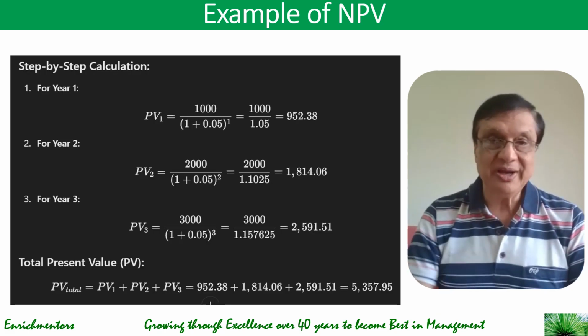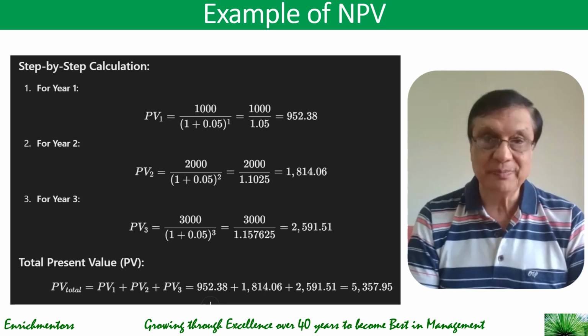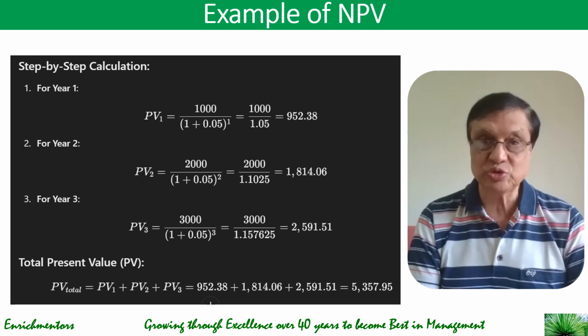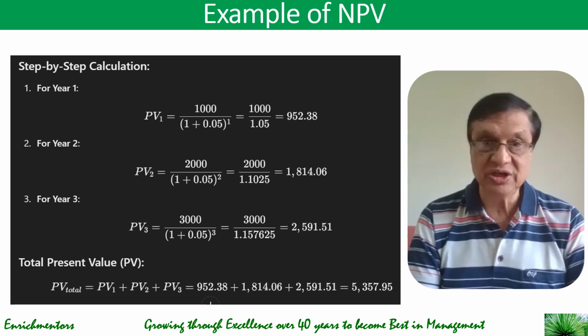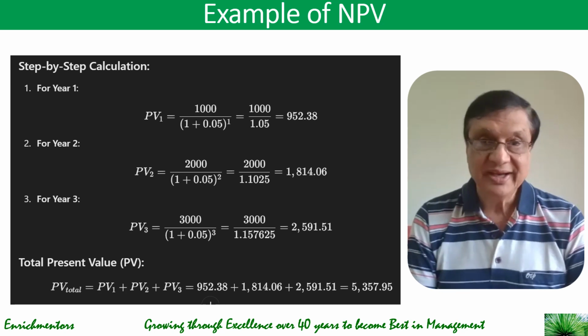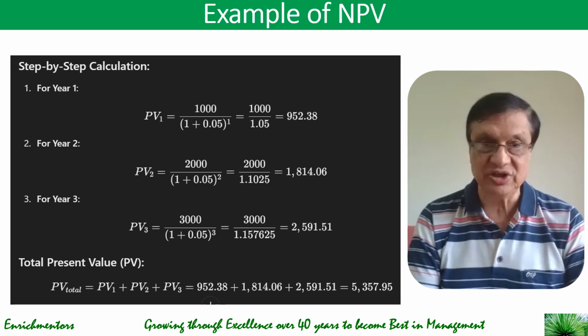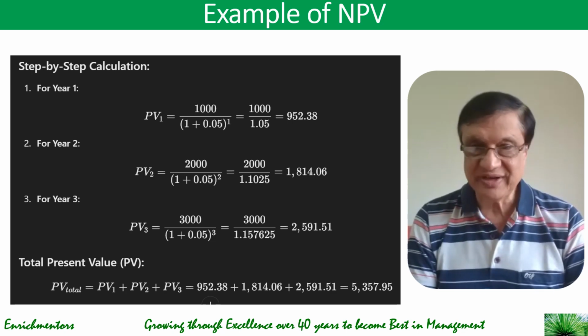So you start by doing a step-by-step calculation. You calculate PV1, which is the 1,000 you will receive in the first year, divided by 1.05 raised to the power 1, that is 952.38. Then for year 2 you receive 2,000 and you divide by 1.05 squared and you get a figure of 1814, and like this for year 3, and you sum that up and you get a total value of 5357.95.